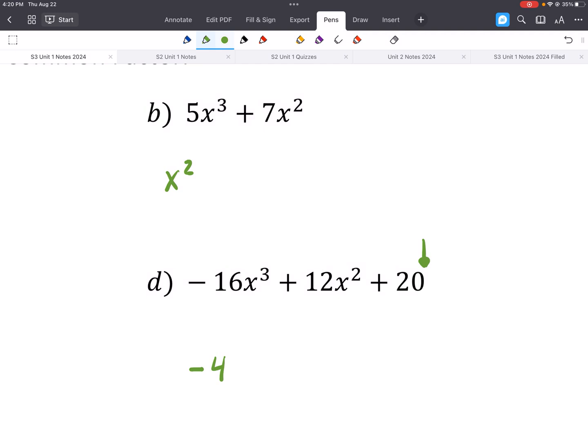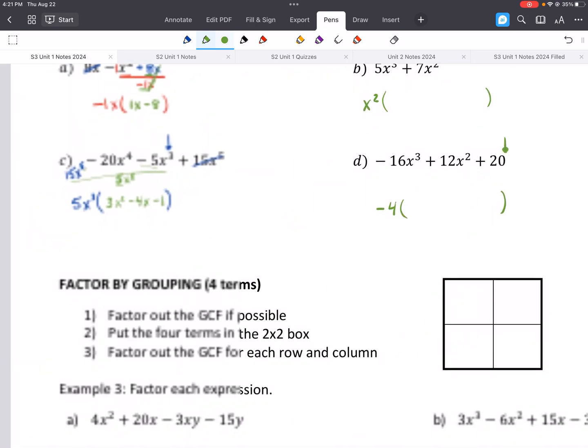So we can't factor out, if we divided by like x, that would not work, right? It wouldn't be a polynomial anymore, right? Okay. So there shouldn't be any fractions in your answers. All right, so you can finish those up if you'd like. They are in the filled-in notes, so you could do that if you'd like.